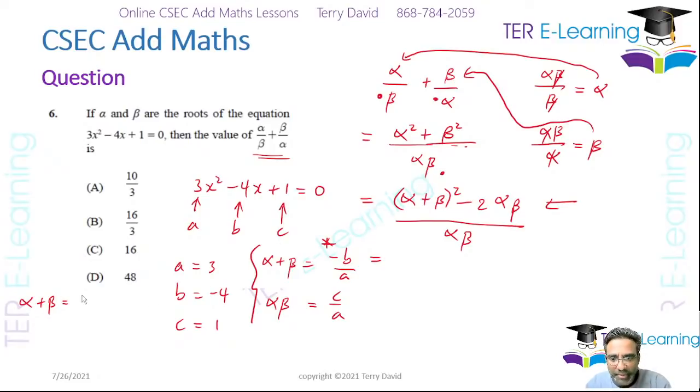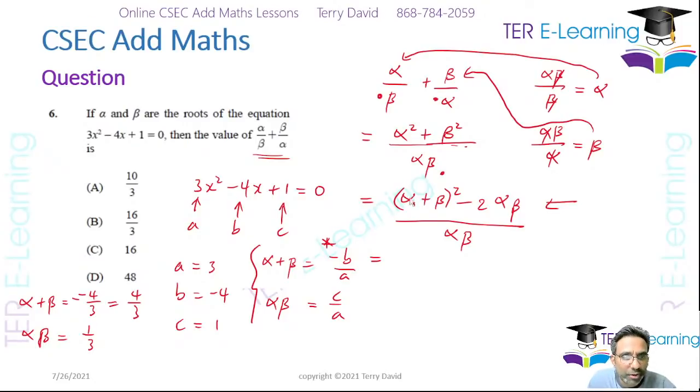So that's minus minus 4 divided by 3, which gives me 4 over 3. And then I'm going to find the product, alpha beta, which is c over a, which is 1 over 3. So it's 4 over 3 and it's 1 over 3, right?